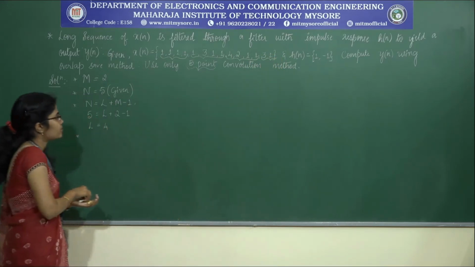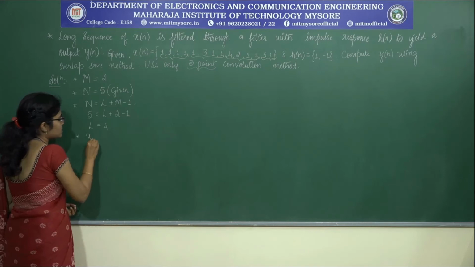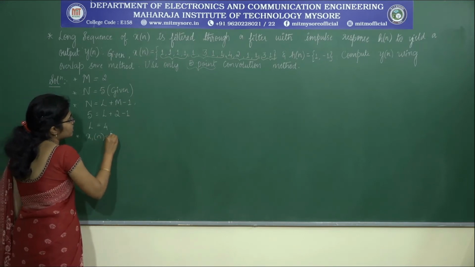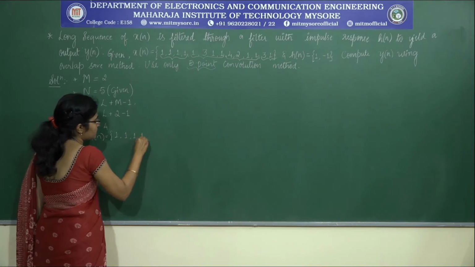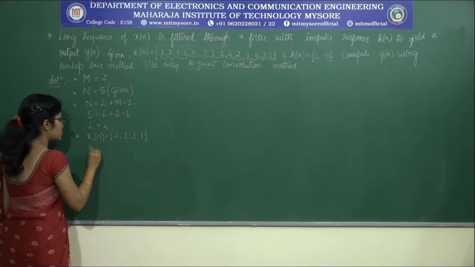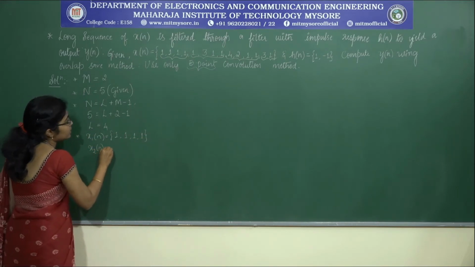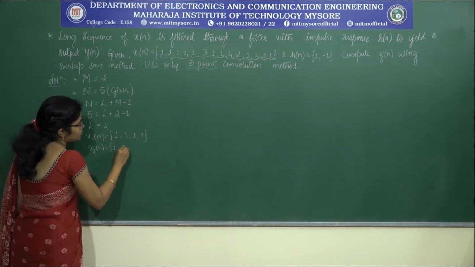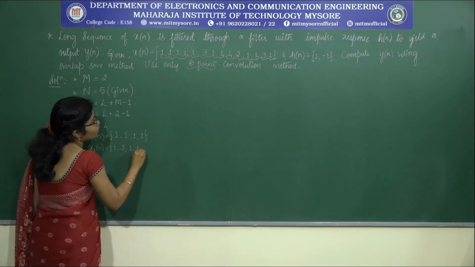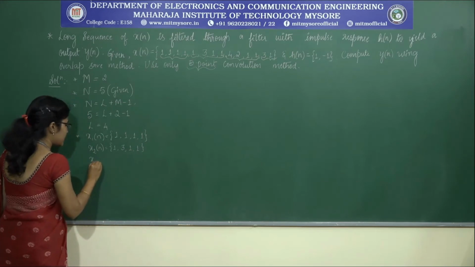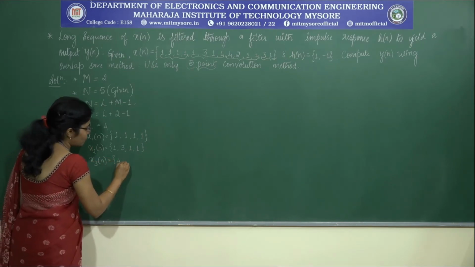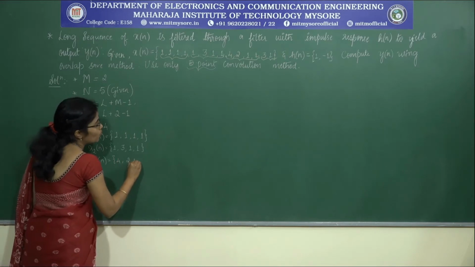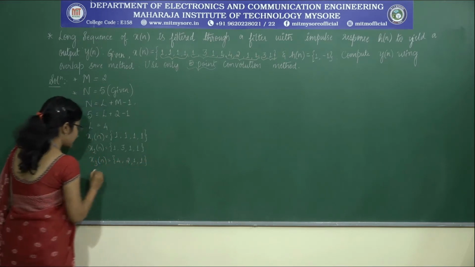Let us tabulate all those. x1 of n is equal to 1, 1, 1 and 1. x2 of n is equal to 1, 3, 1 and 1. x3 of n is equal to 4, 2, 1 and 1.